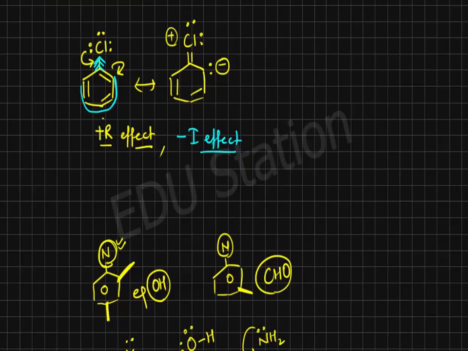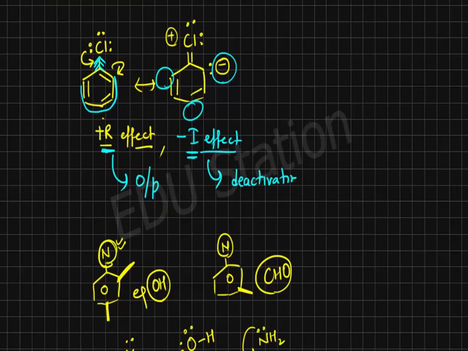So, halogens are very unusual in this behavior. They show plus R, but along with that they also show minus I. Due to this, the electrophilic substitution will occur at ortho and para, because these points will be electron rich, but the reaction is less likely to happen because the electron density on the ring has decreased.